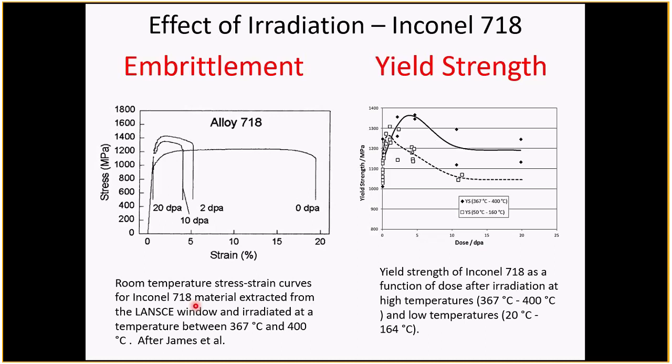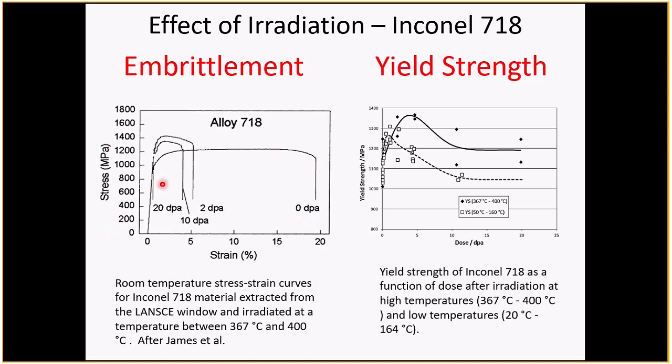So it's like surveillance samples. Actually, this is material from the windows. This is not surveillance samples, sorry. This is material from the window where they've estimated what the dose is in terms of displaced atoms. And then they've done the stress-strain curve.